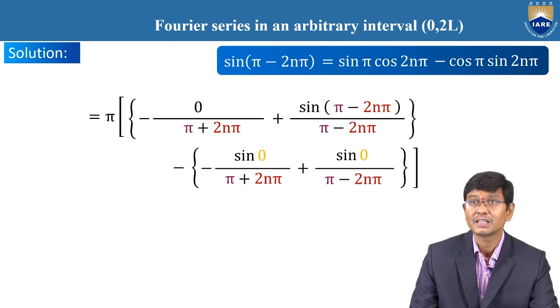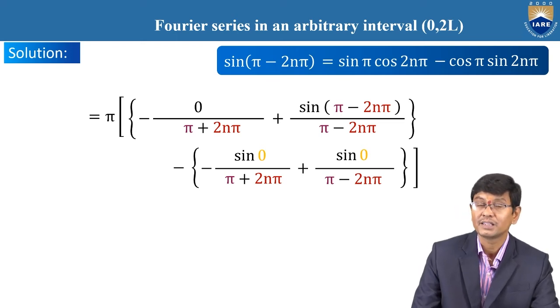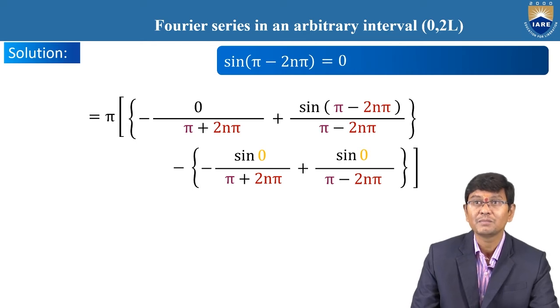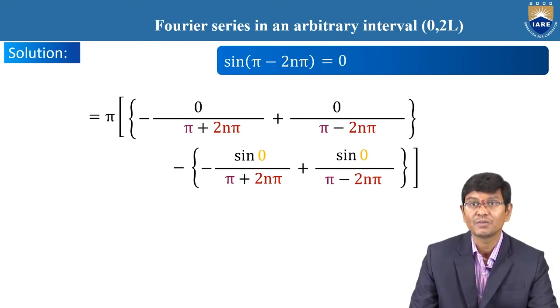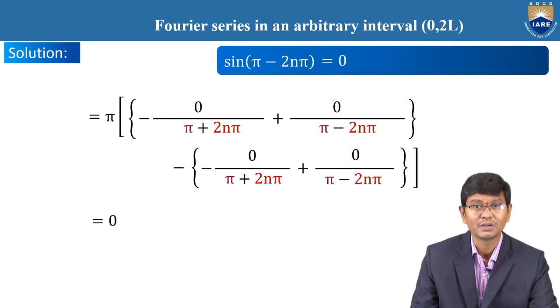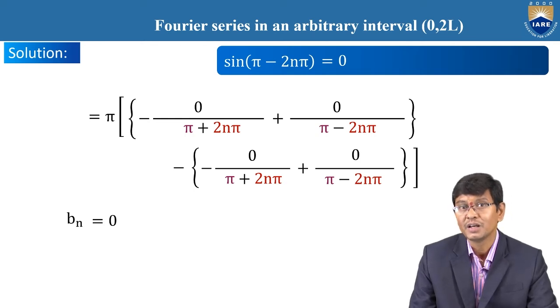Here also the first term is sine pi, whose value is 0. The second term, sine 2n pi, is also 0. Therefore the second term is also clearly 0. In the third and fourth terms we have sine 0, which is 0. The conclusion is that the total value is 0 only. And therefore the value of bn is equal to 0.